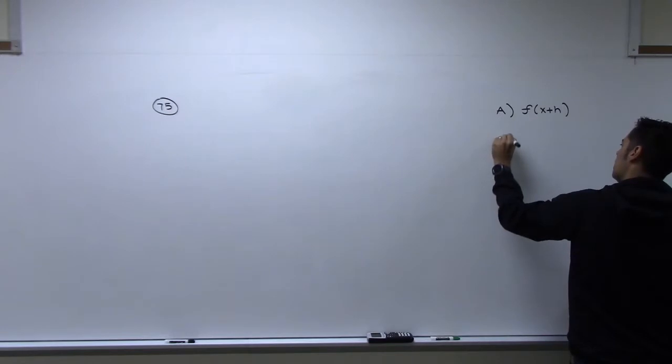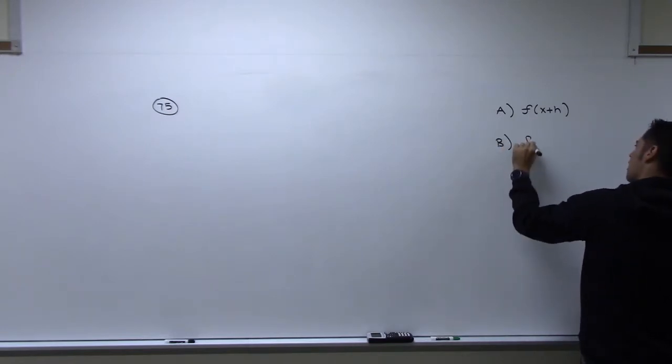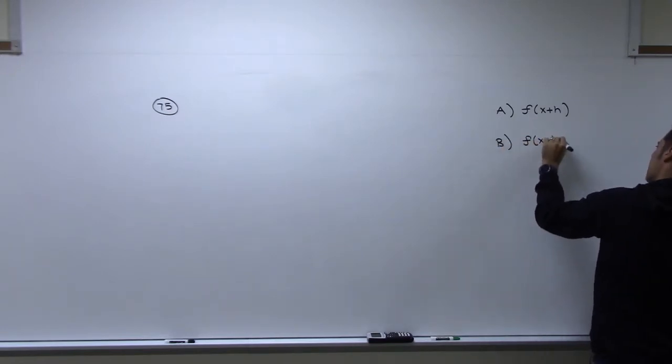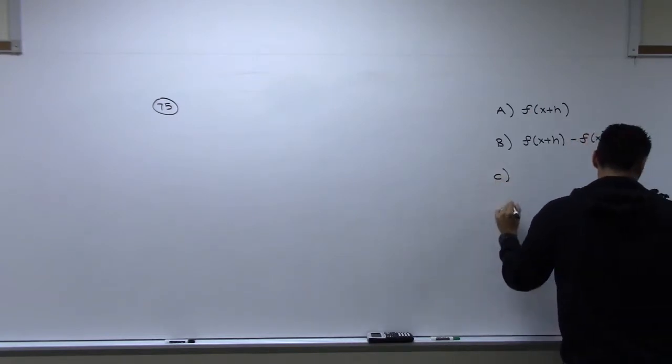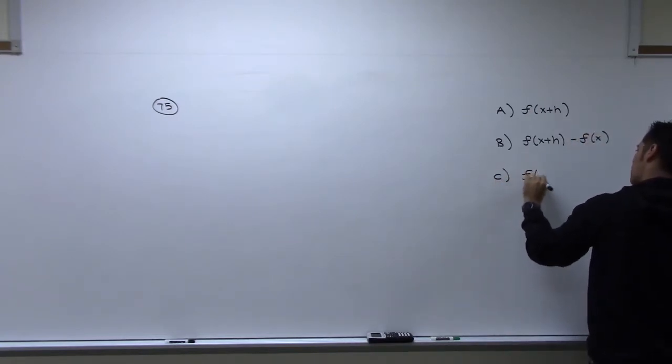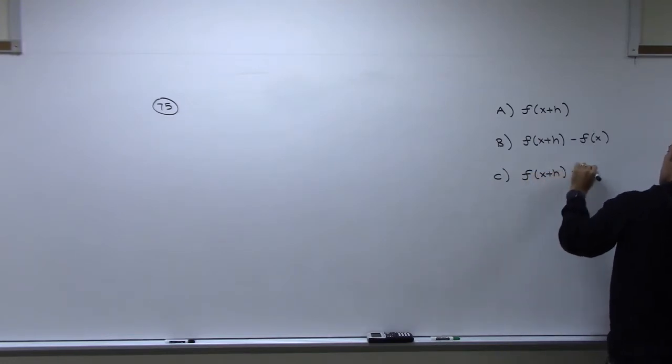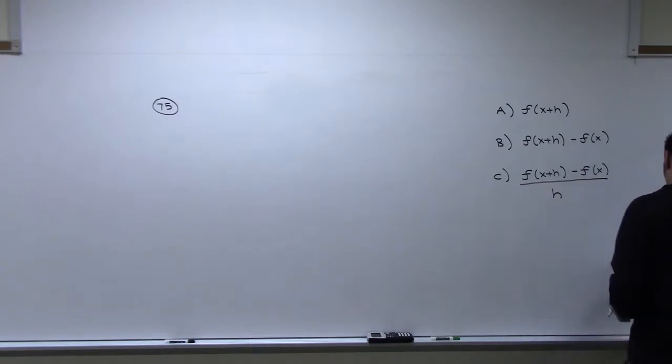For part B, they want to know what f of x plus h minus f of x is. And then for part C, they want to know what f of x plus h minus f of x all over h is. All right.